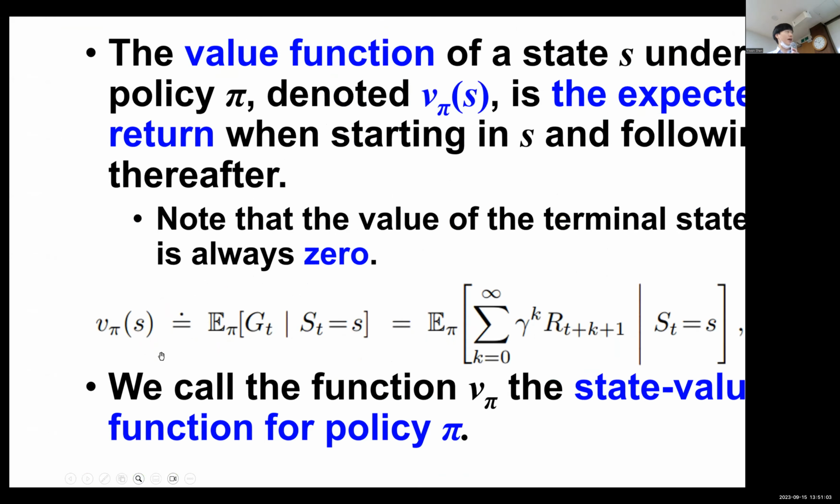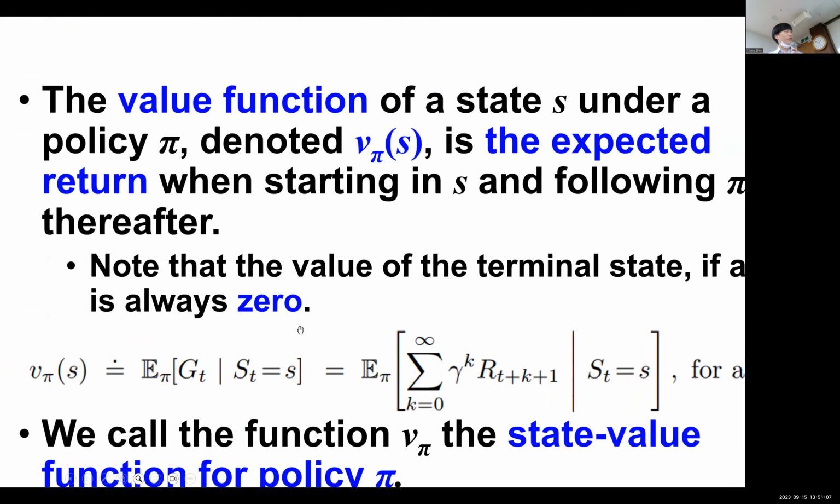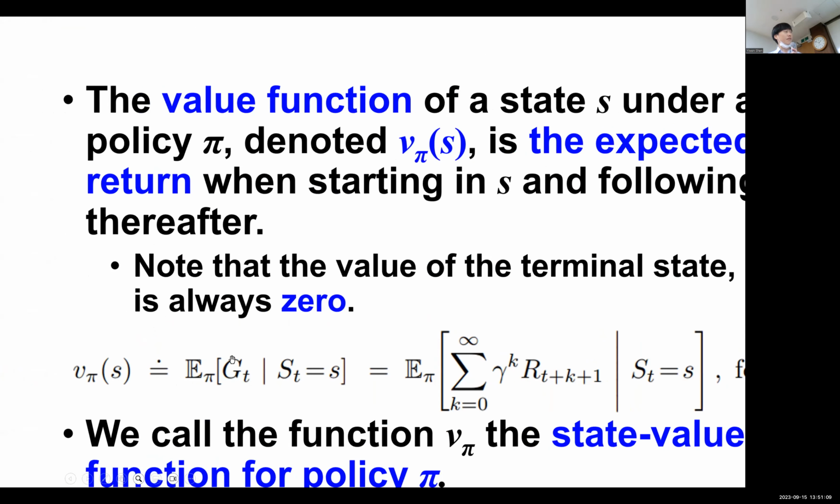We define it in this way, right? GT is the previous return, the accumulated reward or return. Based on the condition of the state, we get this return. Then we assign the expectation of this value to v pi s.